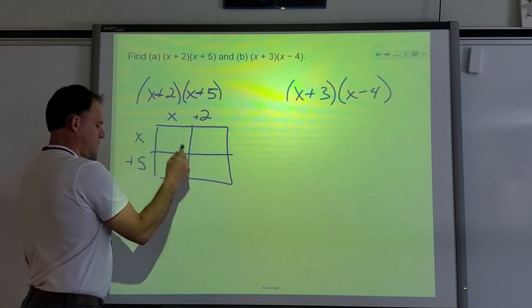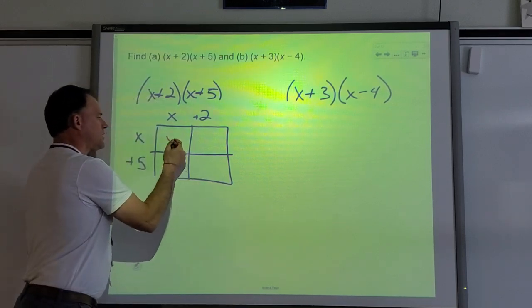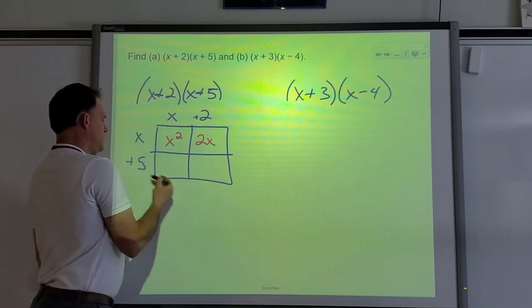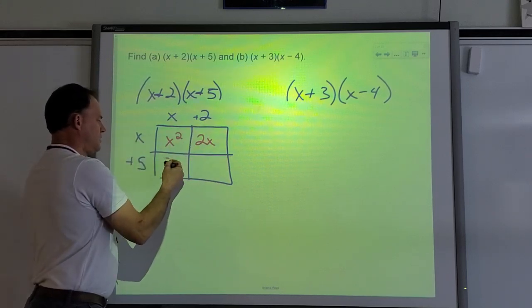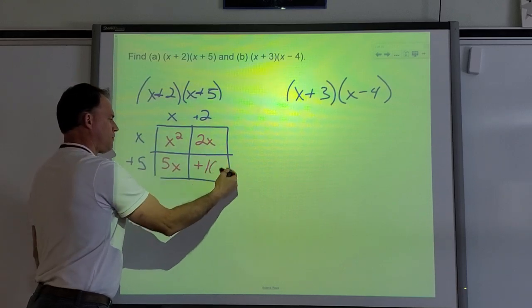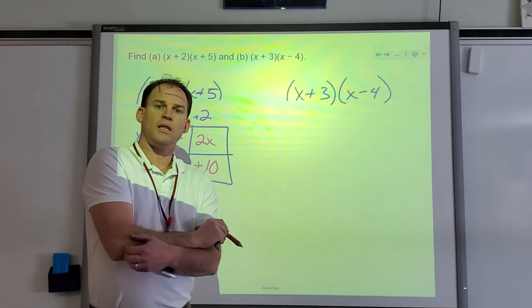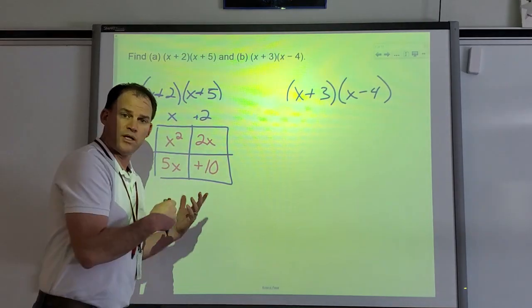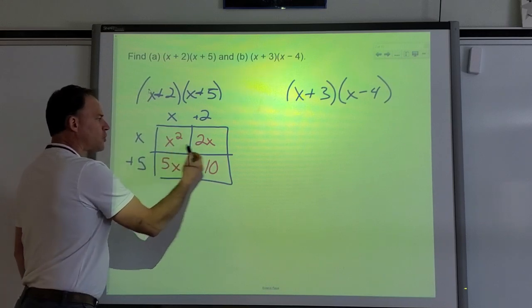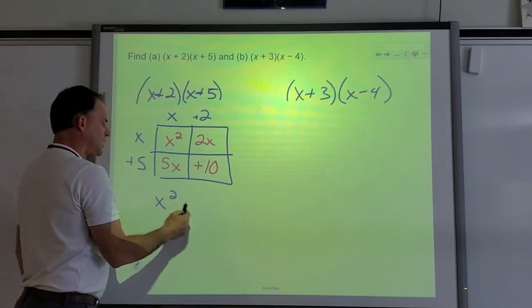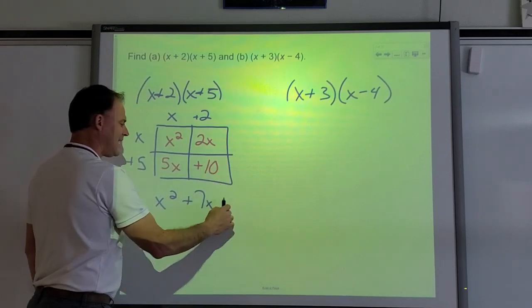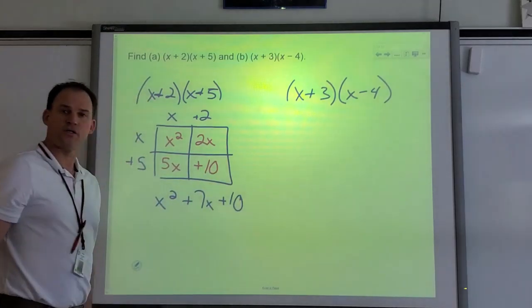X times x is x squared. X times 2, 5 times x, 5 times 2. And then, if there's any like terms, you combine them and write your answer in the correct order in standard form. So I have my x squared first. There's no other x squared, so that's done. I've got my 2x terms, and I've got my constant for the final answer.